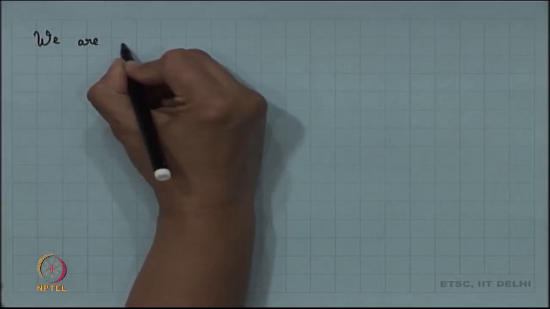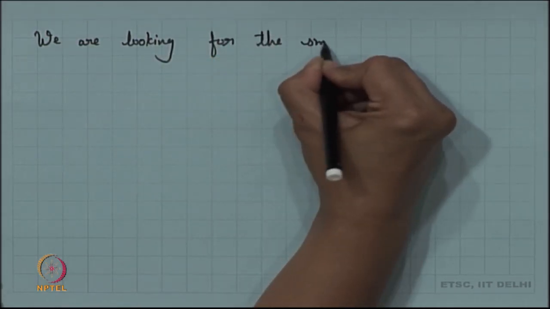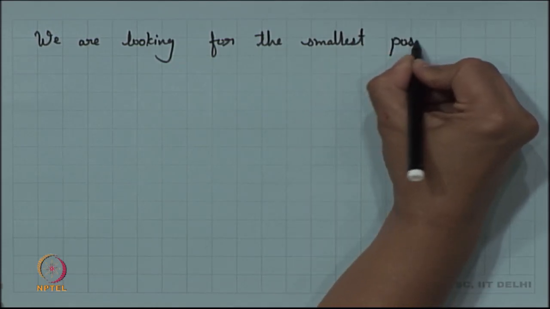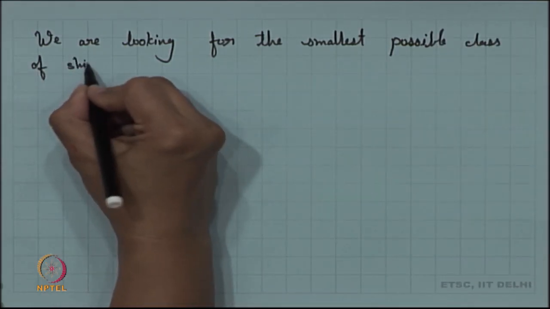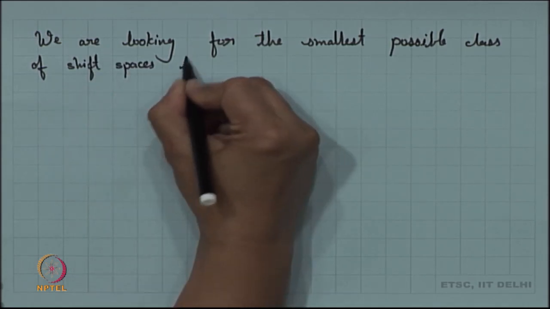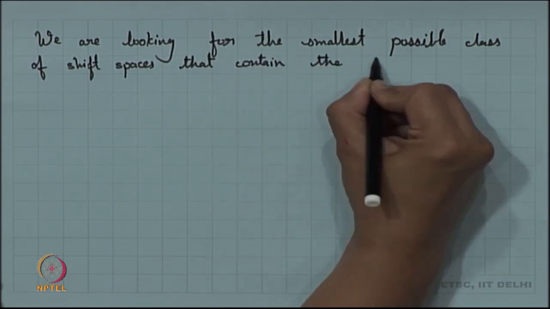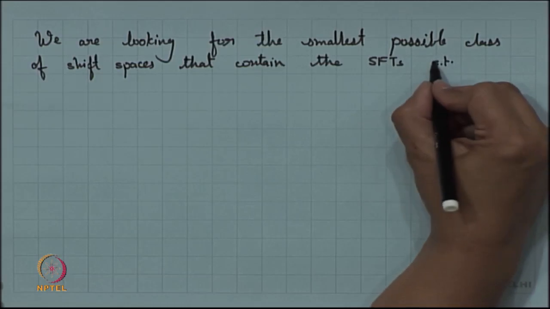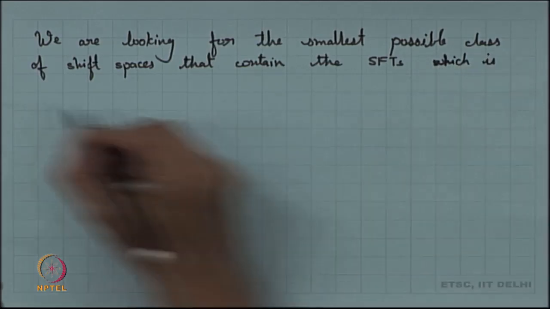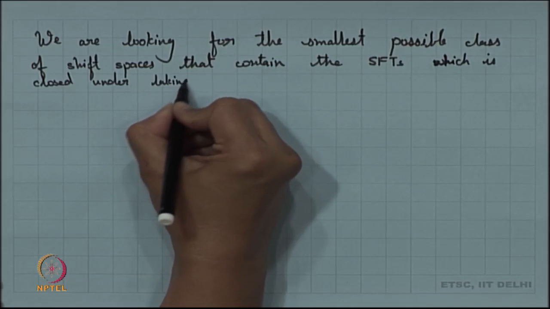So, we are looking for a class of shift spaces that contain all subshifts of finite type, and which is closed under taking factors.